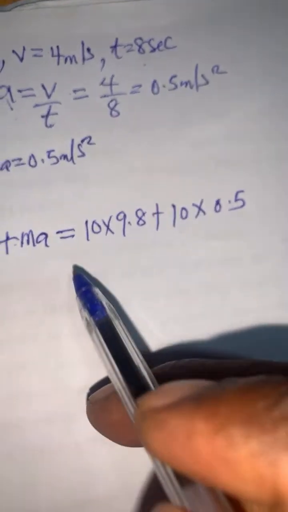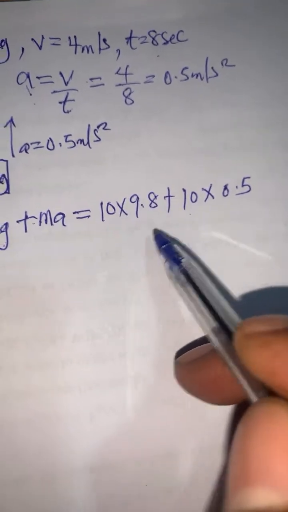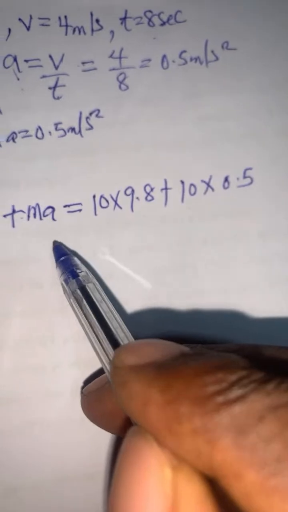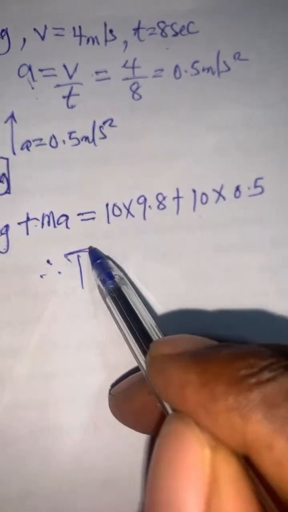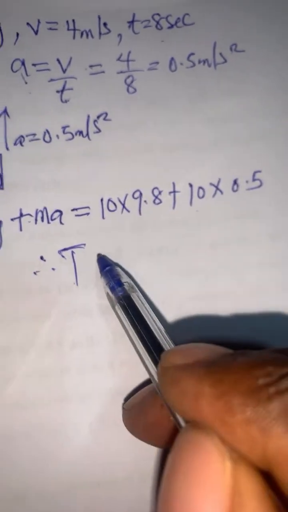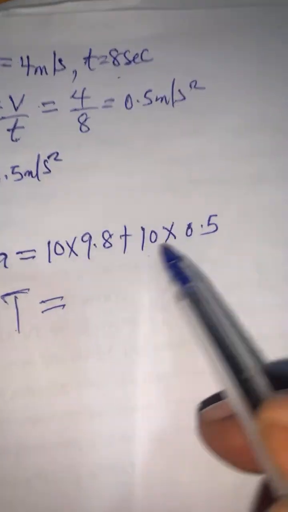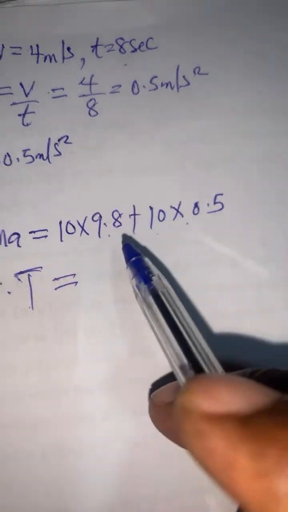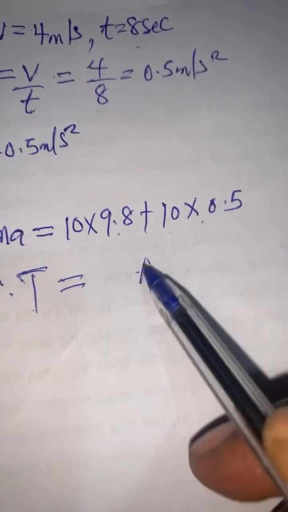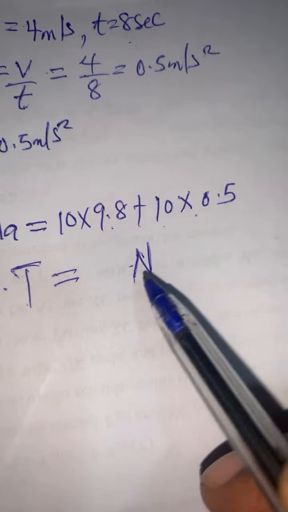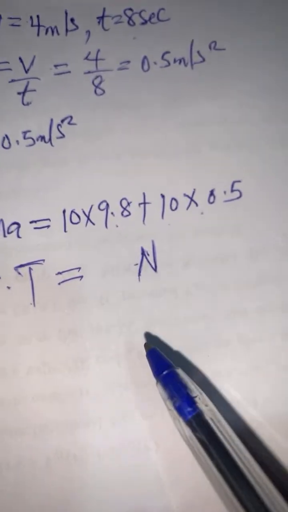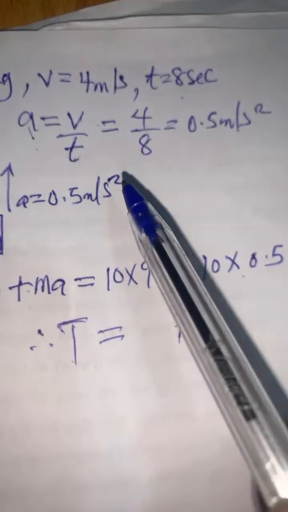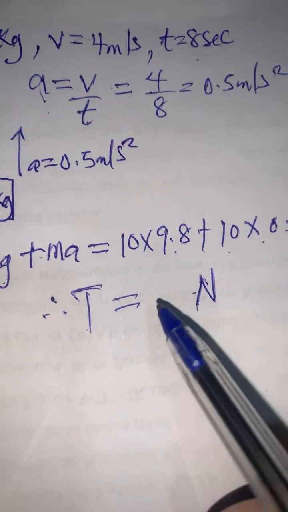If you do this, whatever you have as the answer is your tension, because tension is also the same thing as force. Whatever you get when you multiply this by this plus this by this, you have it in Newton, and that will be the tension you're asked to find in that question.